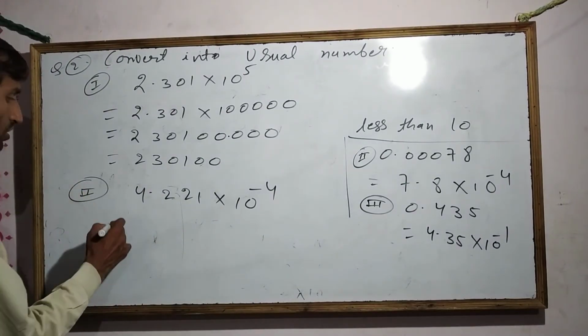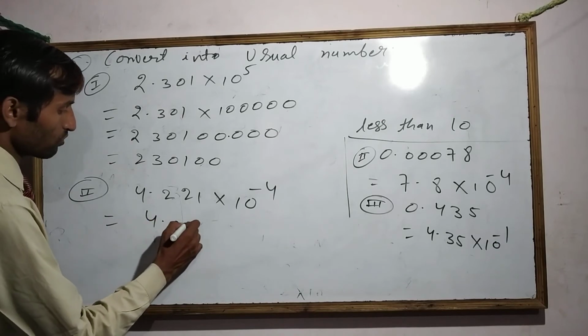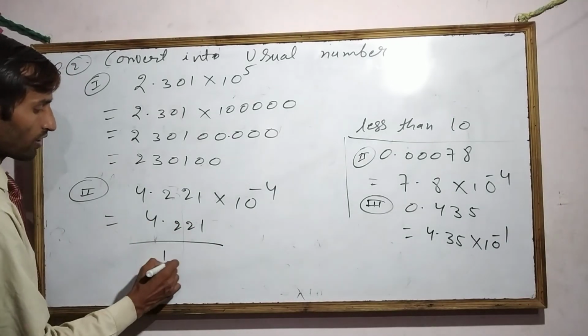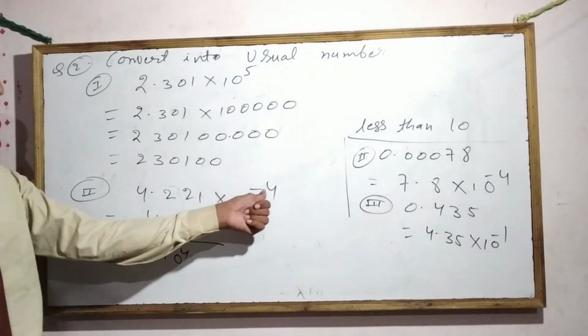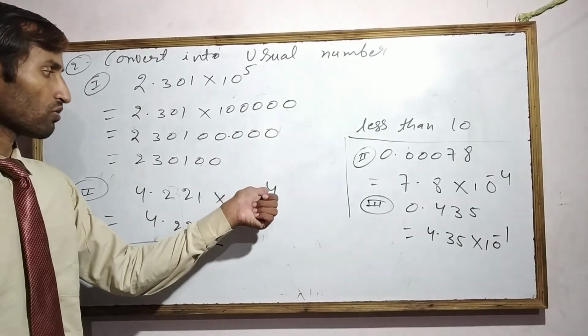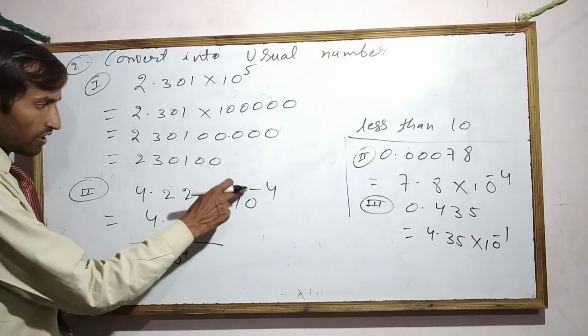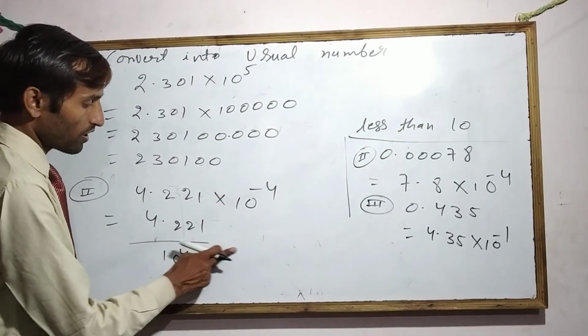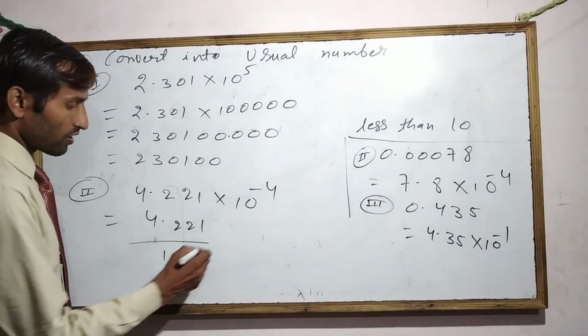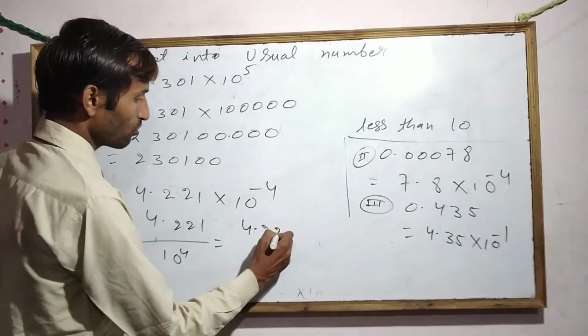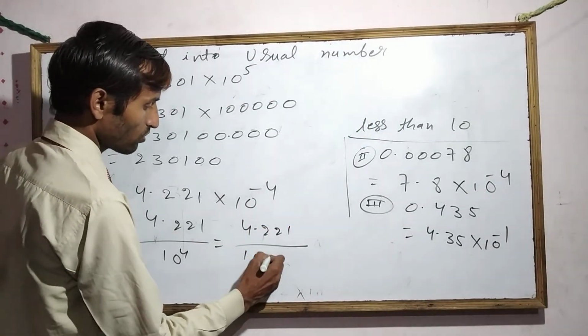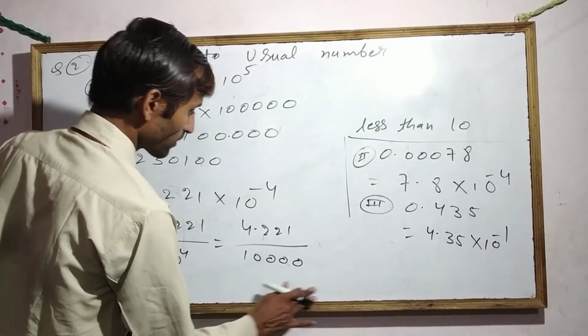Write 4.221 upon 10 power 4, because the minus power is there. We want to convert into positive power, that's why I have taken the reciprocal, so it went into the denominator part. So 4.221 upon 10,000.